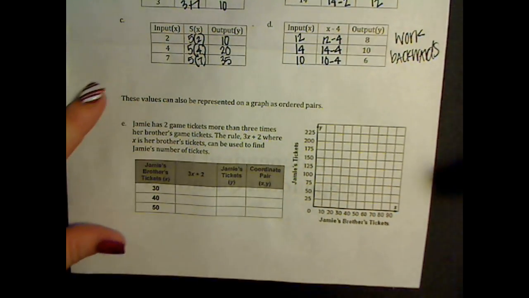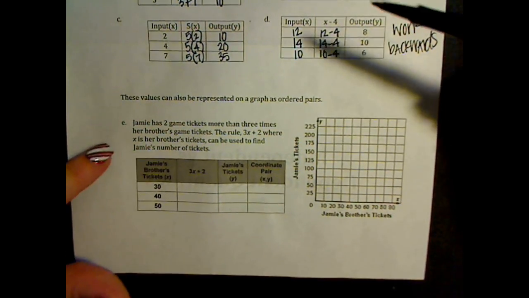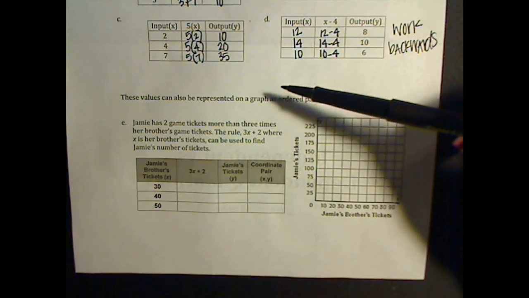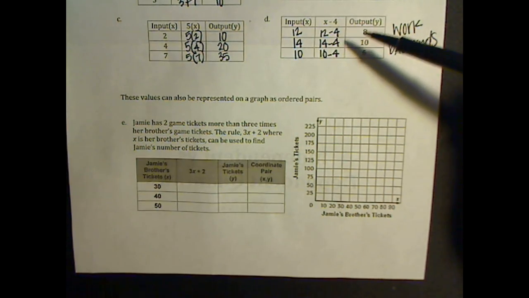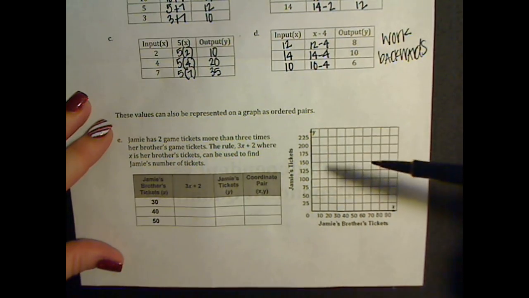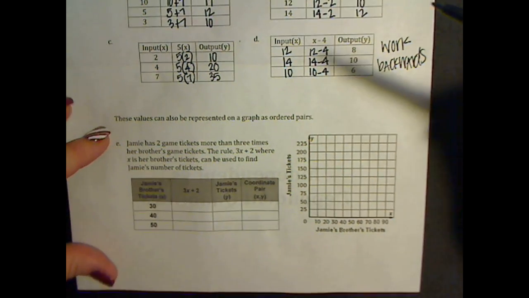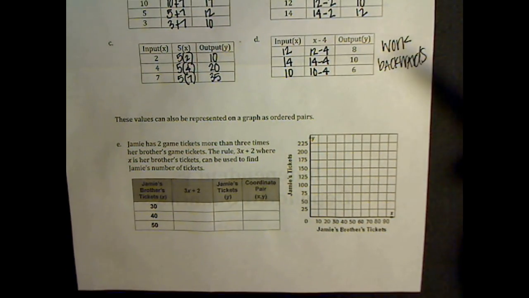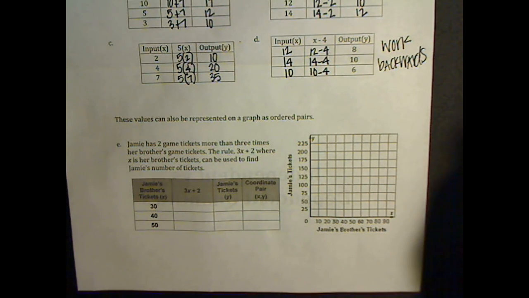Okay? Last part. These values can also be represented on a graph as ordered pairs. So not only can I take an input-output table like this, but I can also represent it on a graph as ordered pairs. For instance, Jamie has 2 game tickets more than 3 times her brother's game tickets.